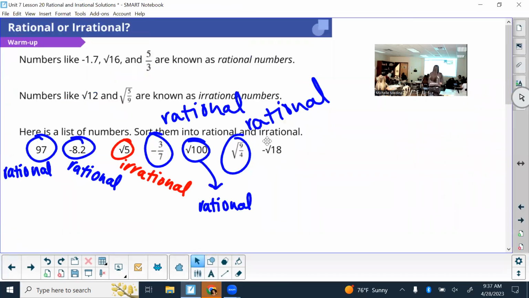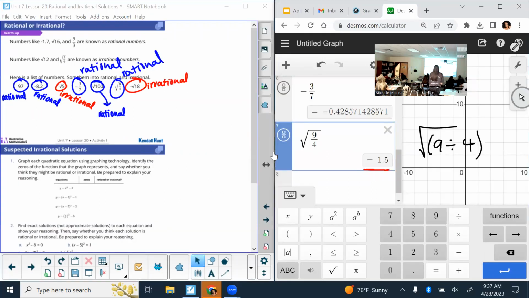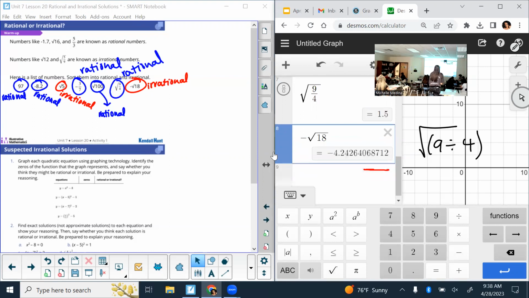All right, and then table 3, what about the negative square root of 18? Rational or irrational? Irrational with an I. So questions on that? And I know that one is because it's a non-perfect square, but I can show you. All right, decimal that goes on forever without repeating, or chunks that repeat, like how negative 3/7 said.